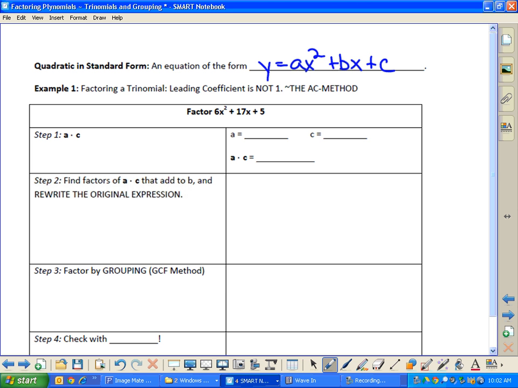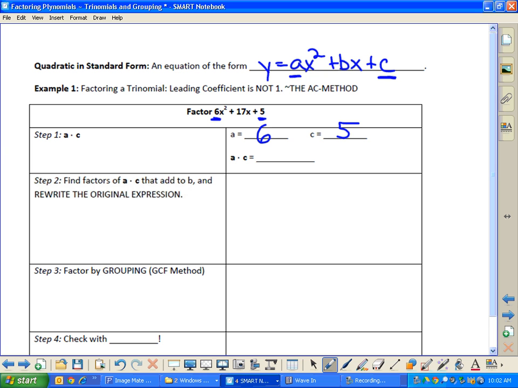It goes x squared, x to the first, and then a constant on the end. So identifying A and C is pretty straightforward. I know that A is always the number in front of our x squared, so A in this problem is just going to be 6. C is just the constant on the end, and I notice our 5 is in the spot where our C is, so C in this problem is 5.